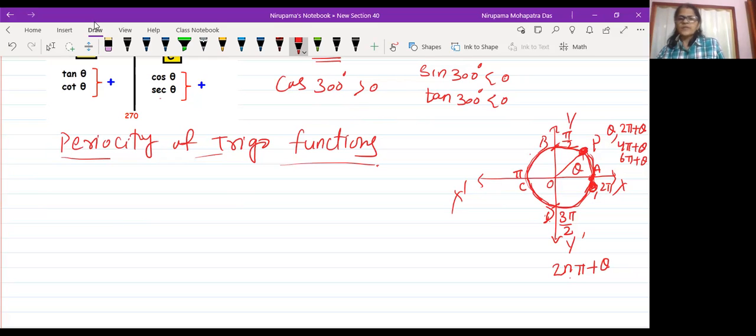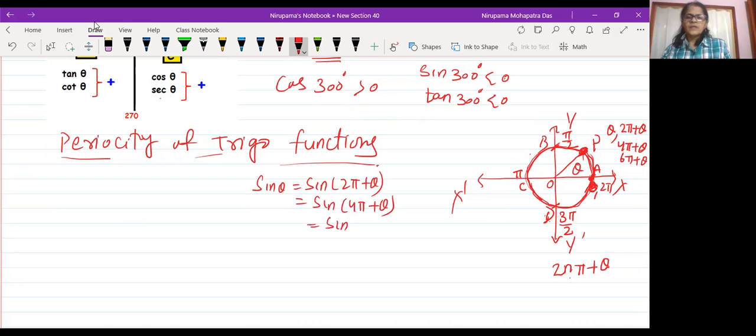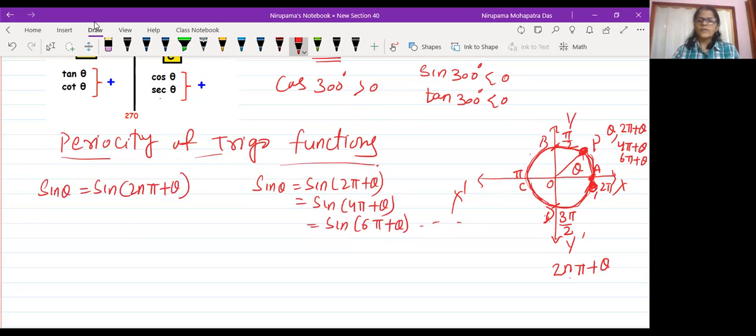So here you can say sin theta equals sin of 2 pi plus theta, which equals sin of 4 pi plus theta. Similarly, sin of 6 pi plus theta, and so on. So what we can conclude here is sin theta equals sin of 2n pi plus theta, where n is any integer.